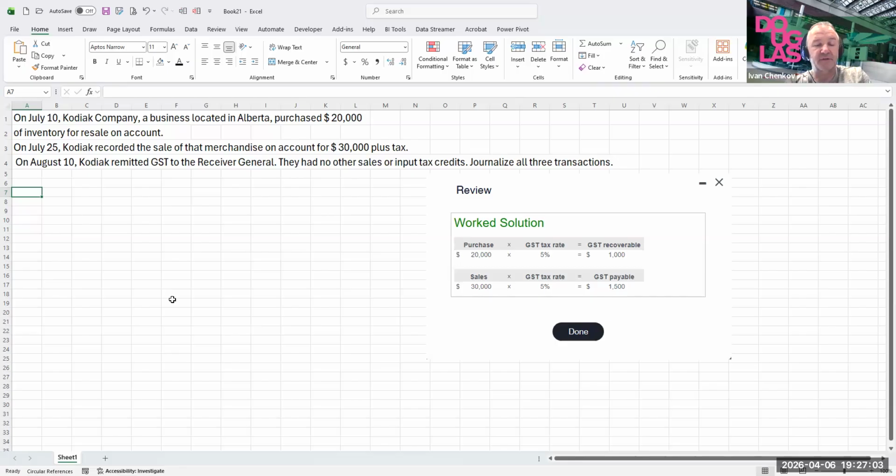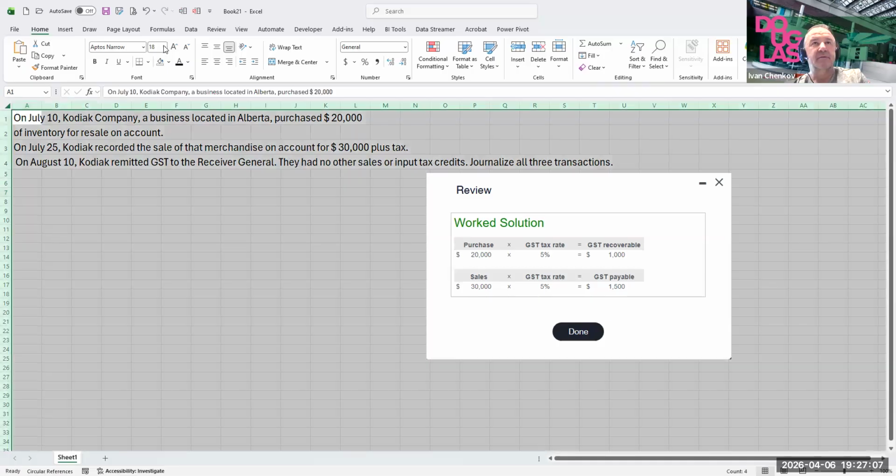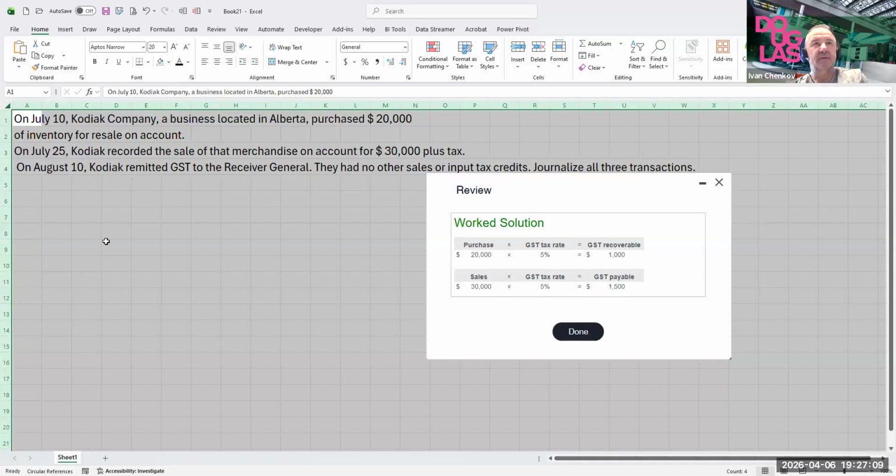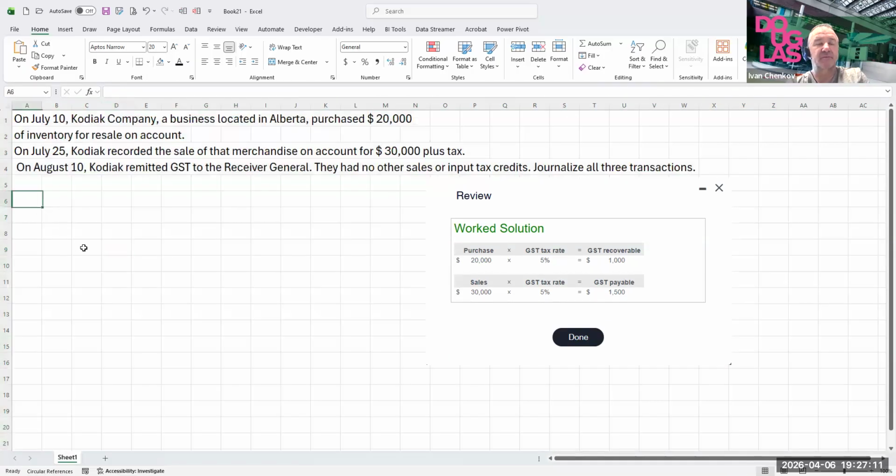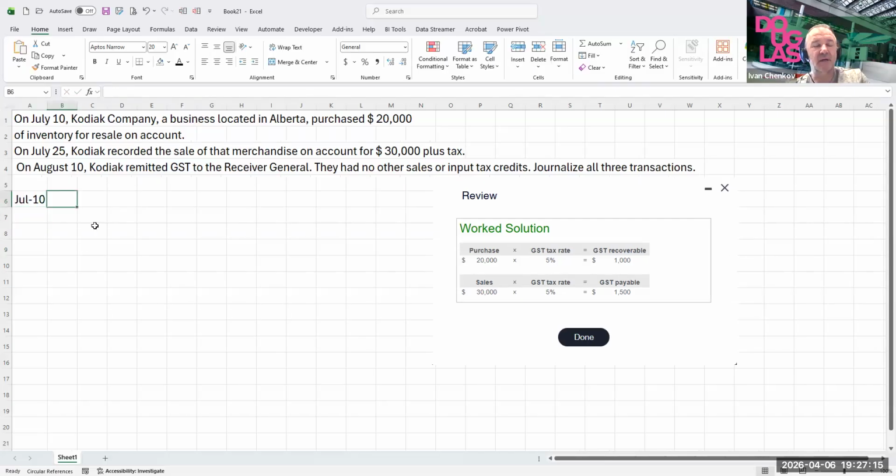So let's go. The first journal entry will be, let's make it a little bit bigger here so we can see everything. First will be July 10th. That's the first entry on July 10. We're going to have a debit. Obviously, we're purchasing inventory, so debit inventory.